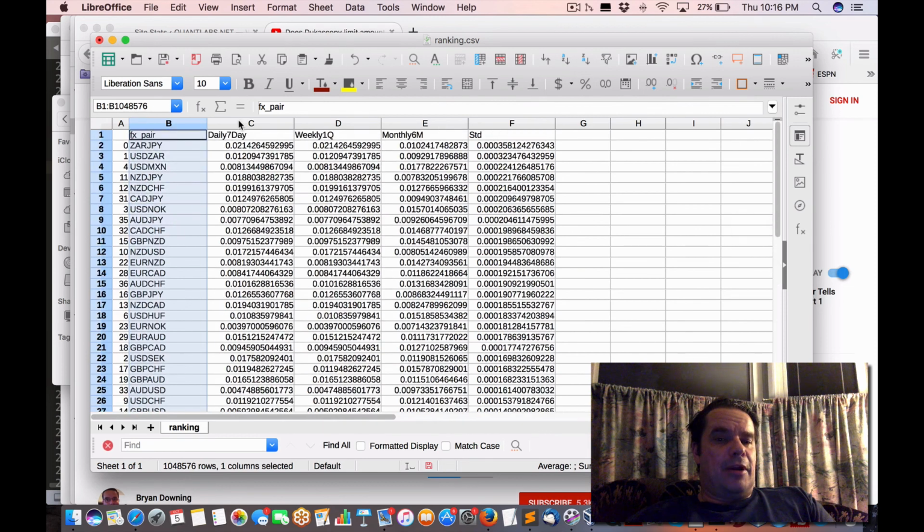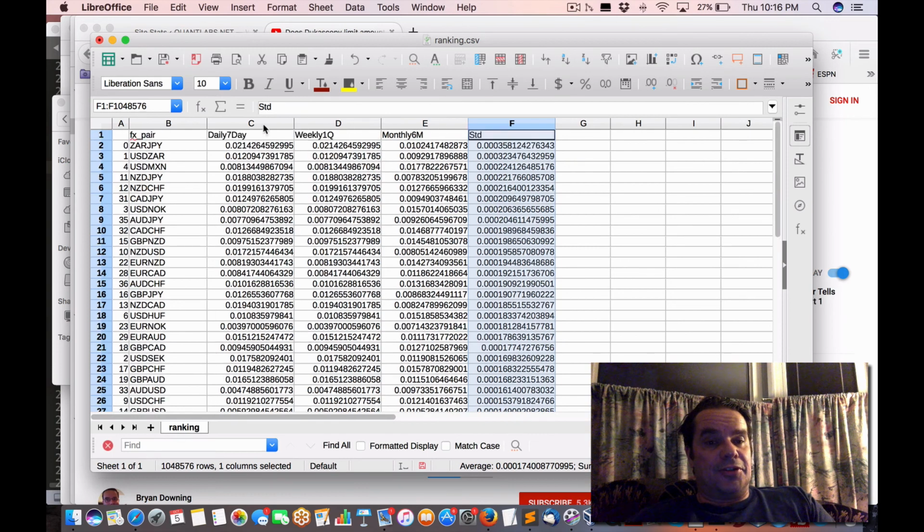And then from there, it will list out the pairs that are volatile by week, by quarter, by month, 6 months actually, and then of course we have the standard deviation. Right now it's sorted by 7-day.